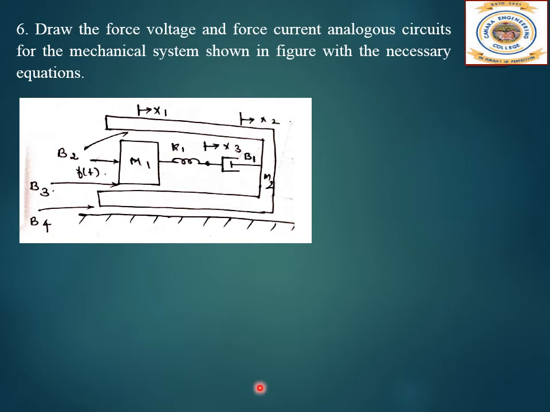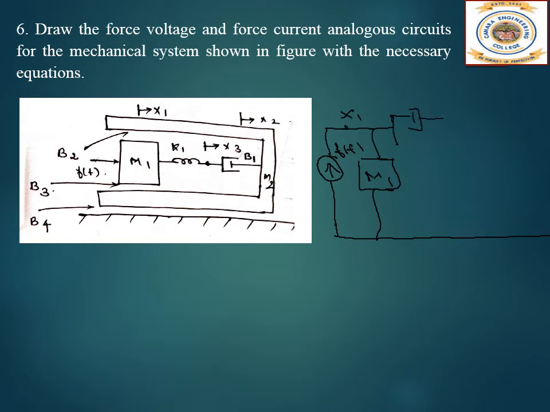So let us draw this now. We have three nodes, so we have x1 here. Let me connect whatever is there to x1. At x1 we have f of t, and we have m1 connected to x1. Then b2 and b3 are connected from x1 to x2, so both will come in parallel.